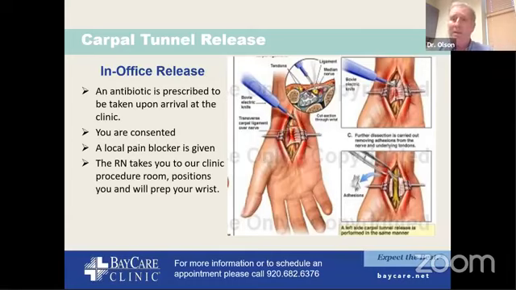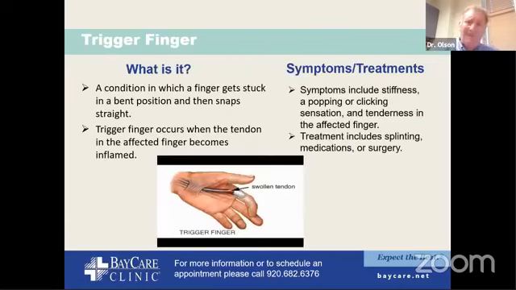Run it through. You can definitely hear it as it cuts the ligament, and we know it's cut. And patients can almost right at that point tell that something's different, because now that pressure that was on the nerve is gone.